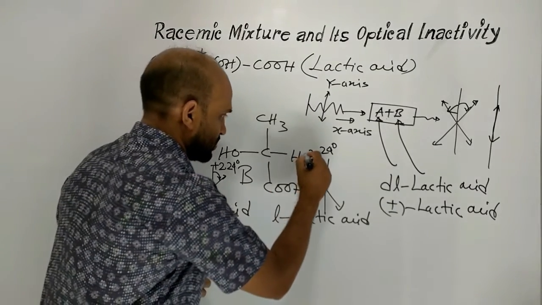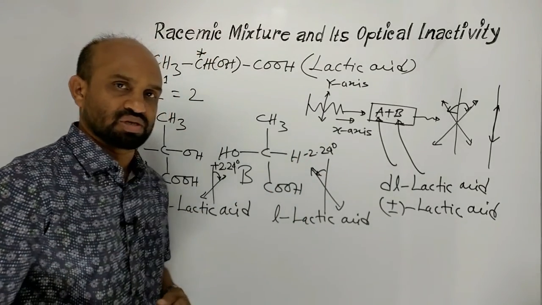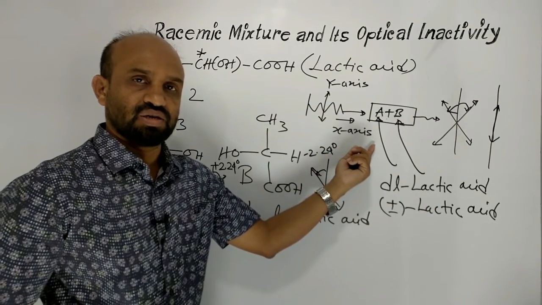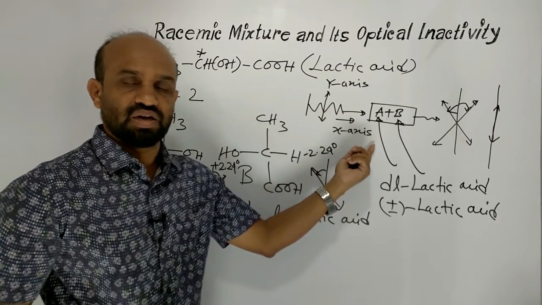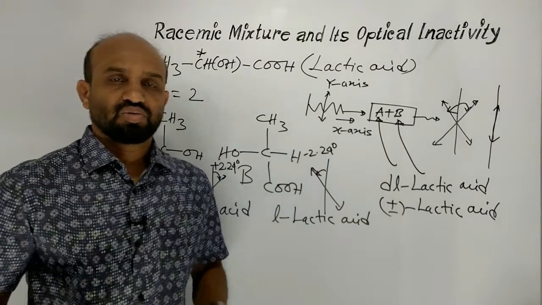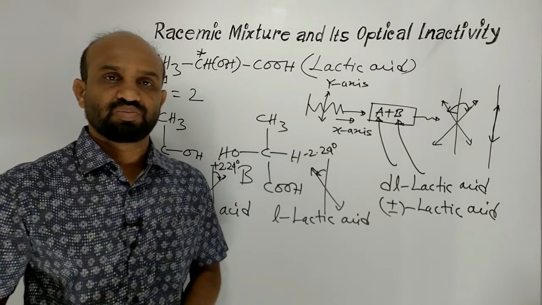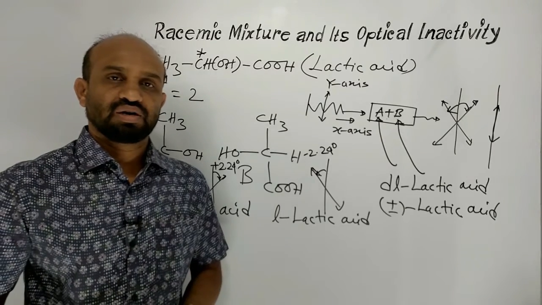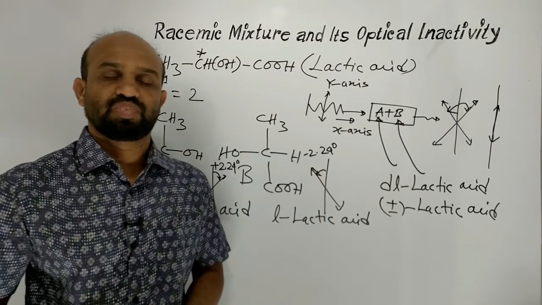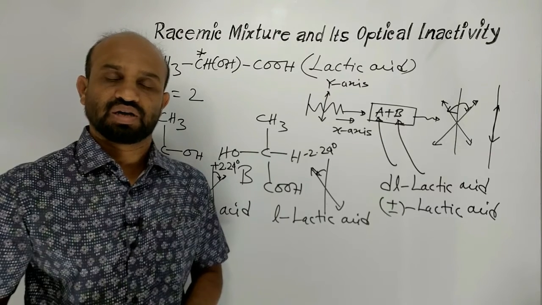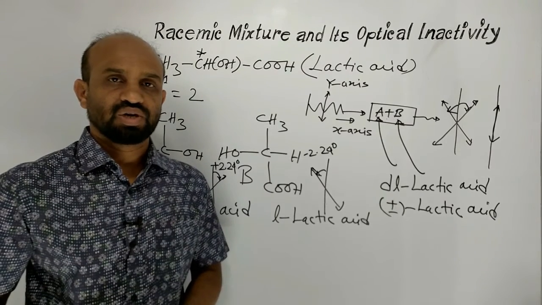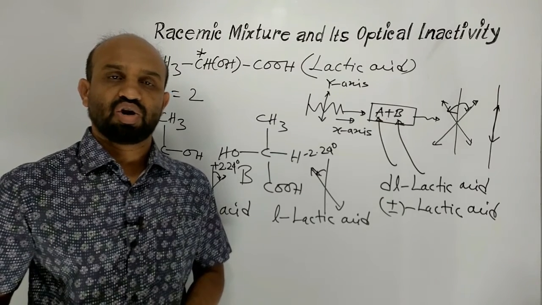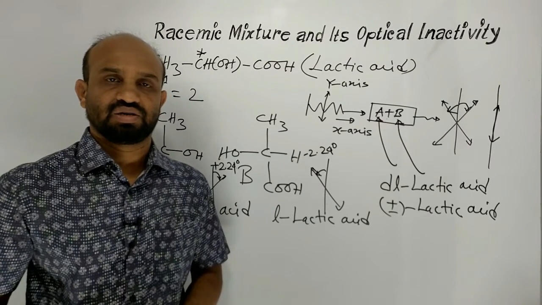That is why minus sign is used here. But in case of a mixture of D and L lactic acid, the rotation of the plane of the polarized light by one compound is cancelled by the rotation by the other compound. That is why racemic mixture acts as an optically inactive mixture.